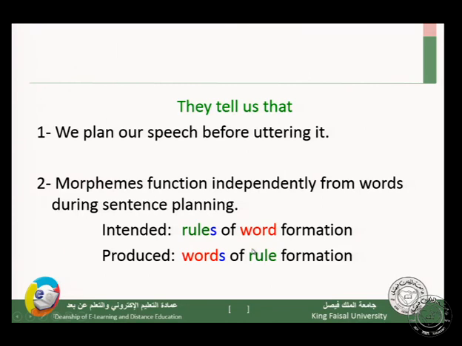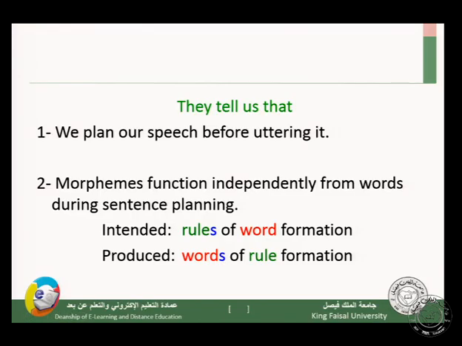So how do slips of the tongue tell us that we plan our speech before speaking? It is by looking at such examples. Here in the example we have words of rule formation. This plural s occurred because the speaker had planned to say rules.